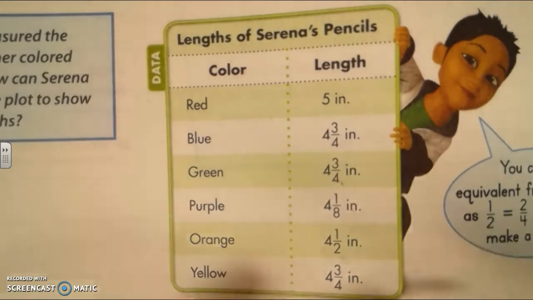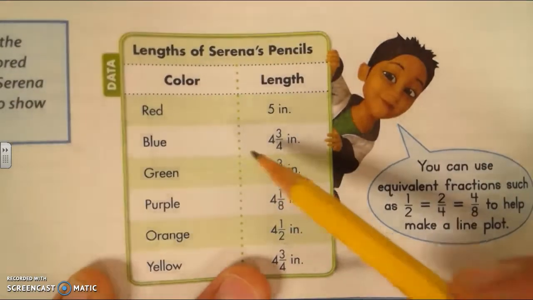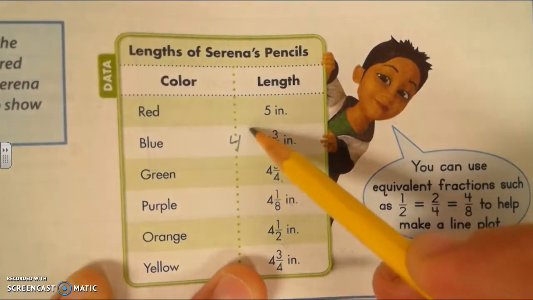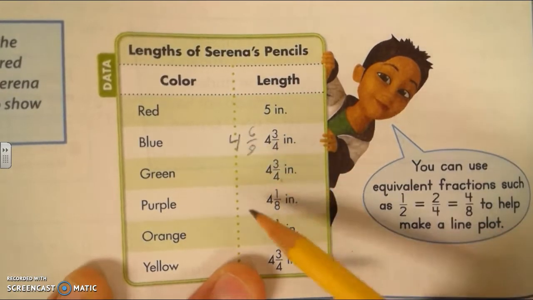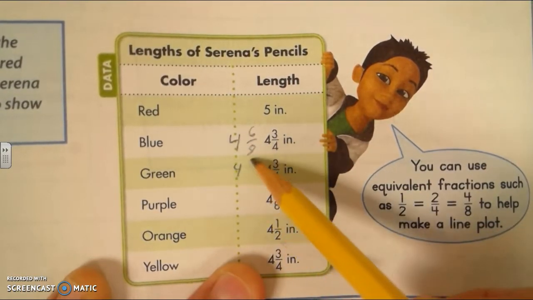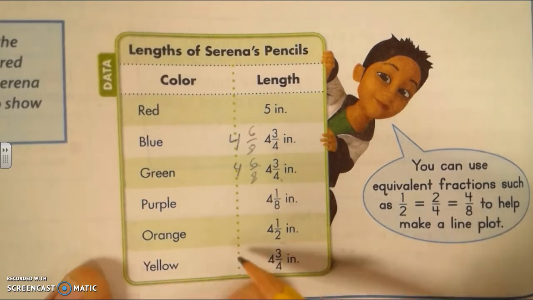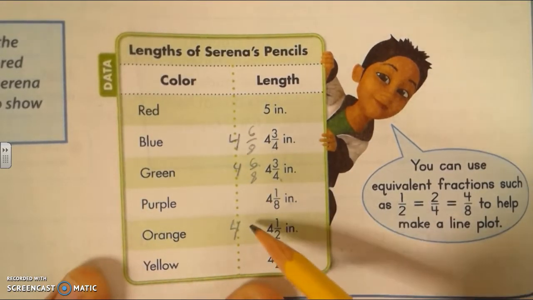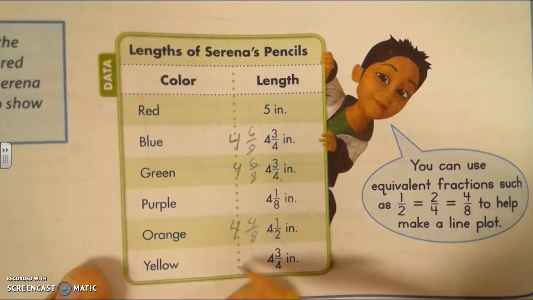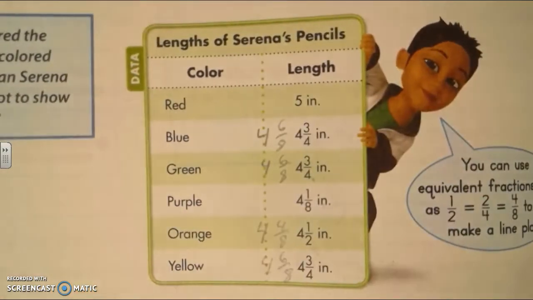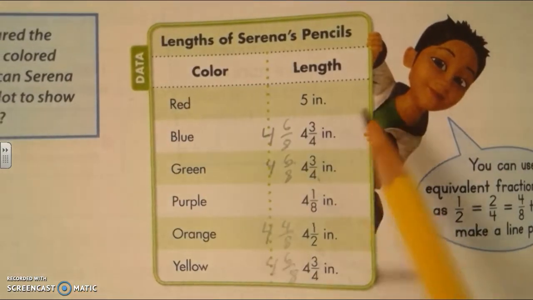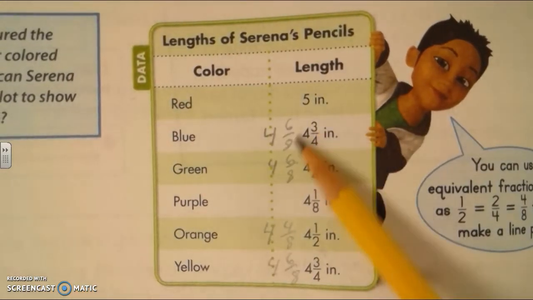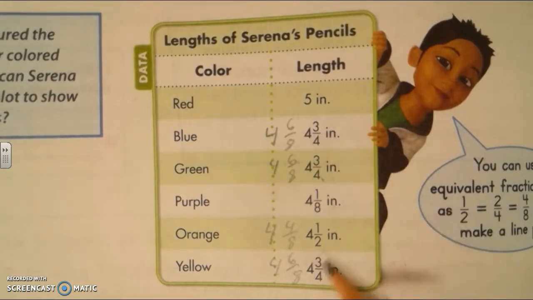I'm going to change this 4 3/4 into 4 6/8. And then 4 1/2 becomes 4 4/8. And now you can see that I know my lengths of these pencils are all in either eighths and/or whole numbers.